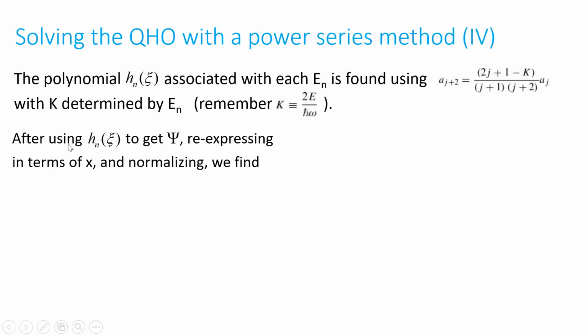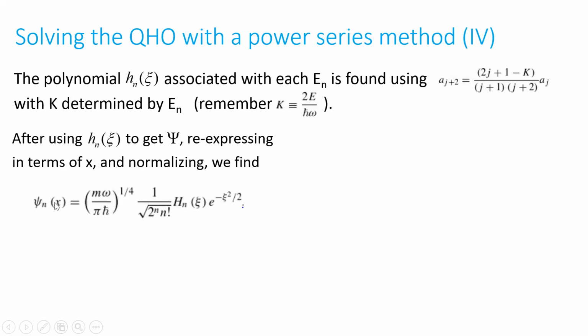Once we get the polynomials, we can get back to our wave function, because our wave function is this polynomial times e to the minus psi squared over 2. Re-expressing this in terms of x and normalizing, because we always want normalized wave functions, we get this.